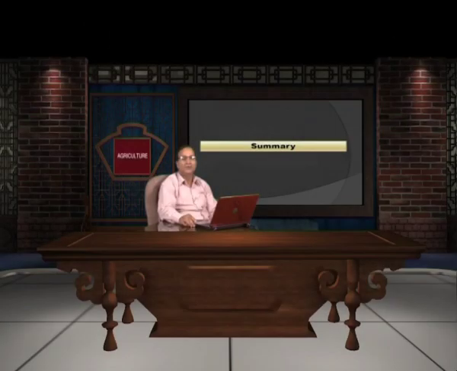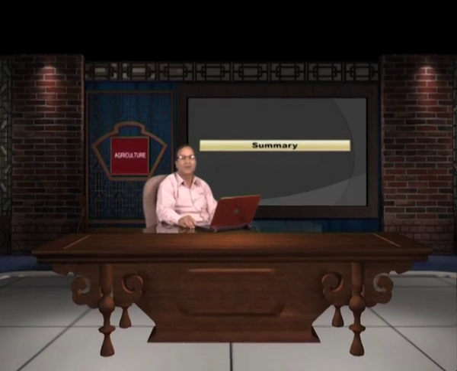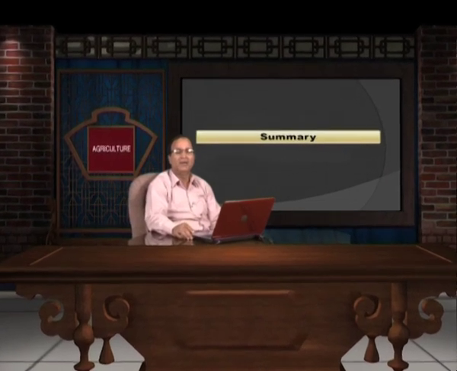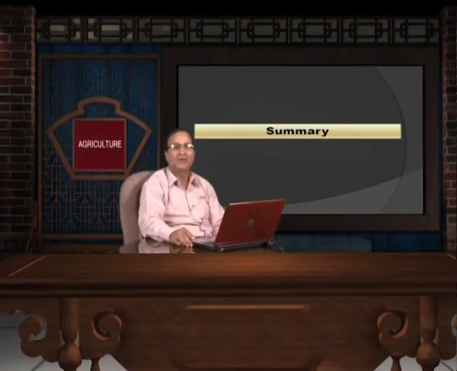In this unit, we had discussed three important systems present in the insect body. The first system is the digestive system, which is mainly composed of the alimentary canal. So, we have seen the different parts of the alimentary canal, their structures and functions.